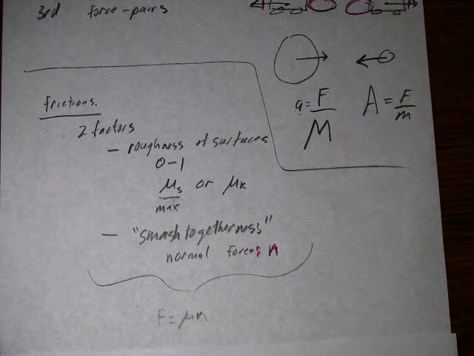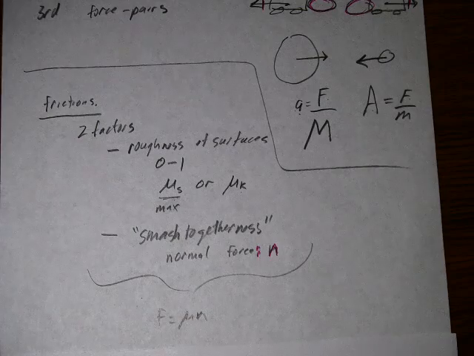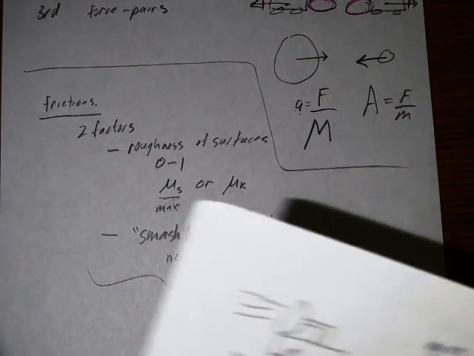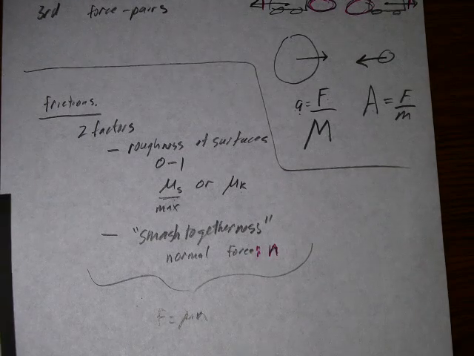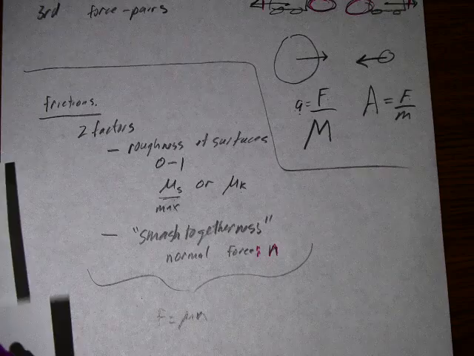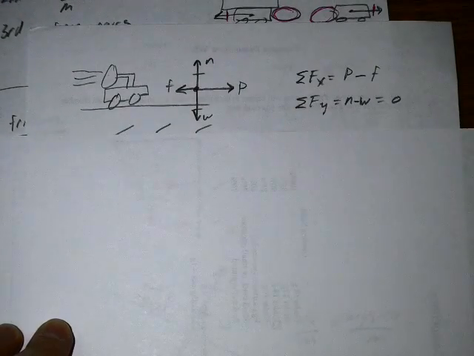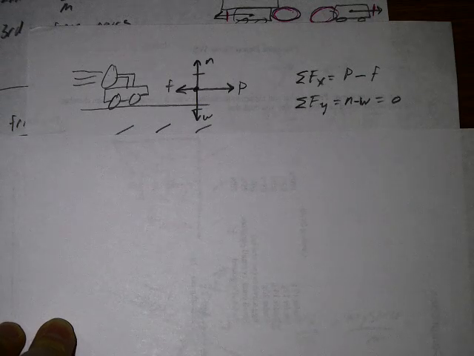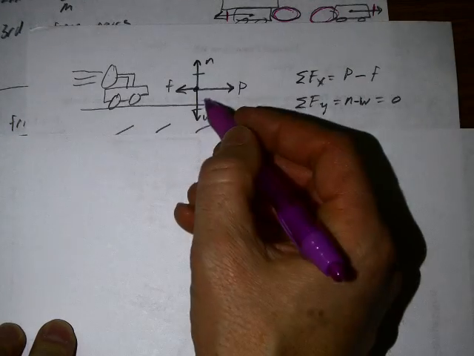Now, where these problems got trickier is when you were trying to actually apply Newton's laws. So let's look real quick at a few problems for applying Newton's laws. If you had, say, a fan cart, and you drew a force diagram and said, what's the acceleration of this thing?